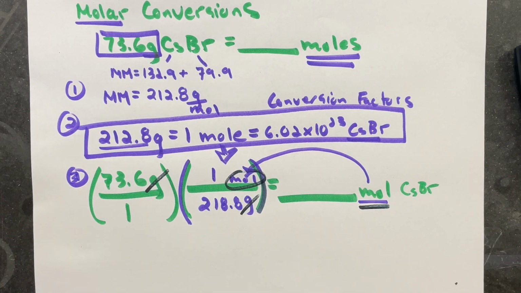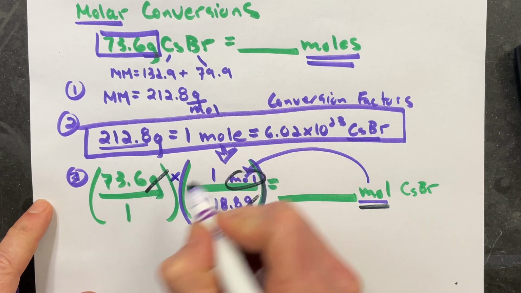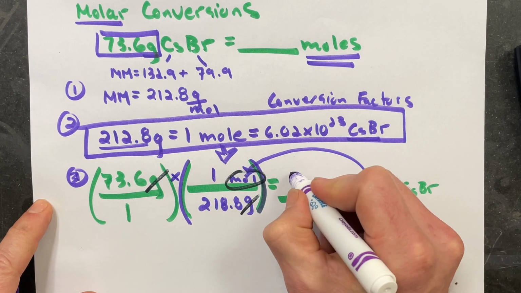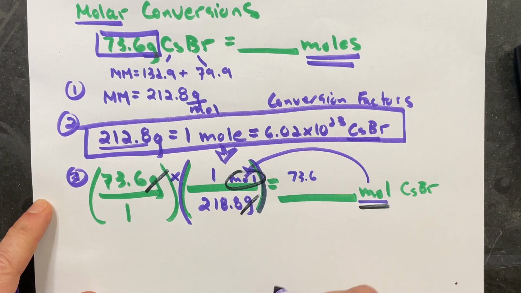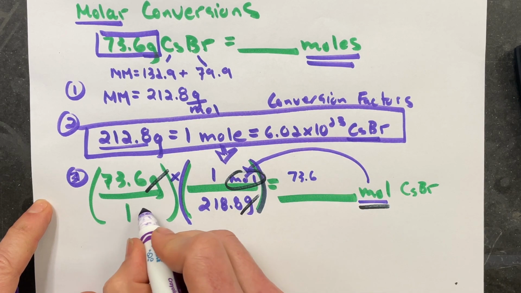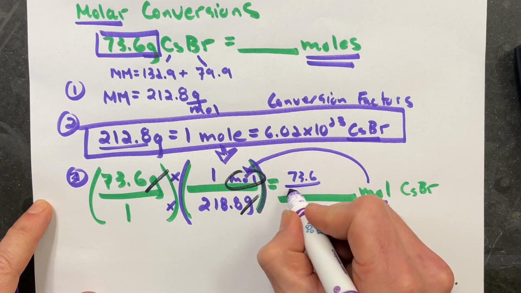So when you have 73.6, we're going to multiply that by everything on the top, which gets us 73.6 times 1, which is 73.6. And then we're going to multiply everything on the bottom, which is 1 times 218.8.